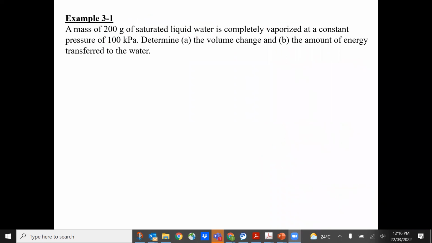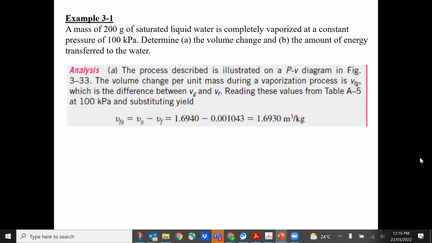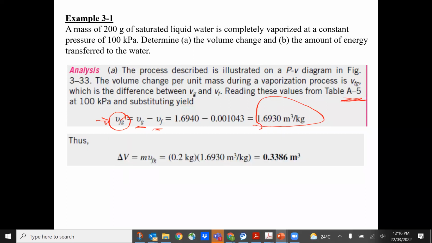So let's do it step by step quickly. That's where to find the values in table A5. As we said, either you find it from the difference, VG minus VF, or you get it directly from the table if it's available. But this is specific volume, so you need to multiply it by the mass. We have 200 gram, which we change to kilogram by dividing by 1,000. So we have 0.2 kilogram multiplied by this value, and we get the volume change.